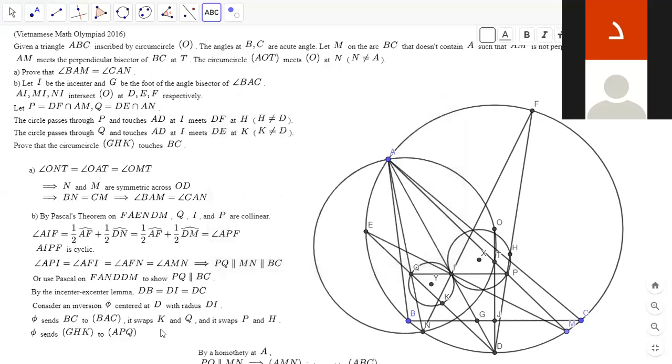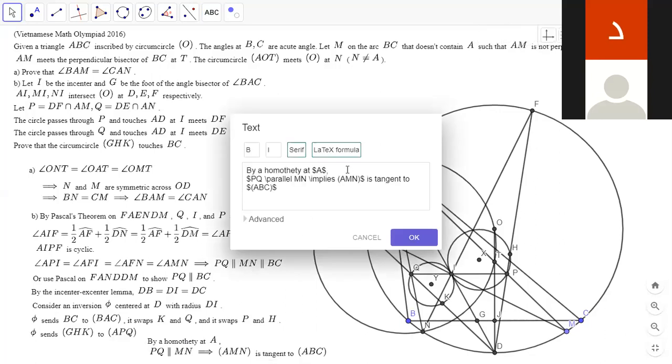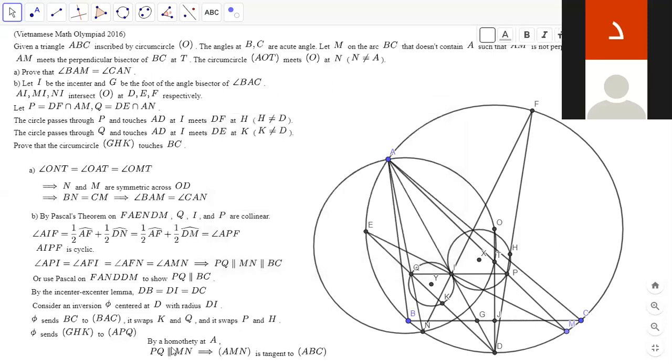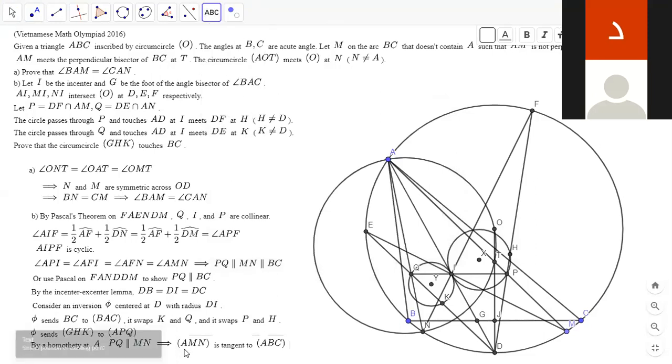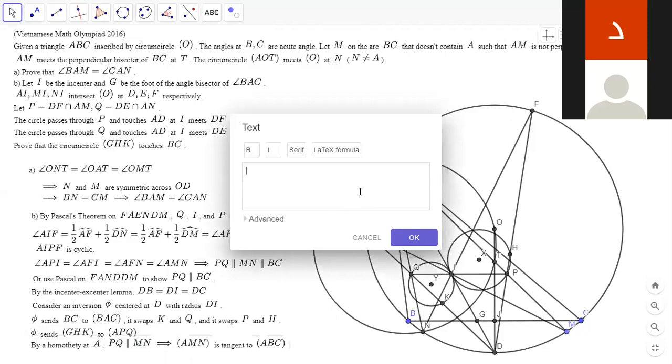Actually, I have more space here, so I could just make this one line. Undoing phi, then we have GHK is tangent to BC.